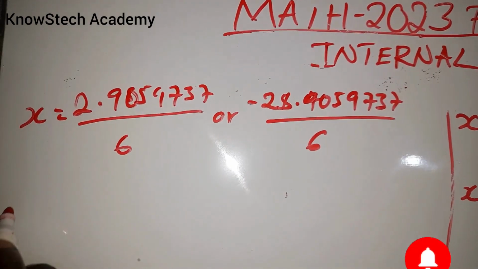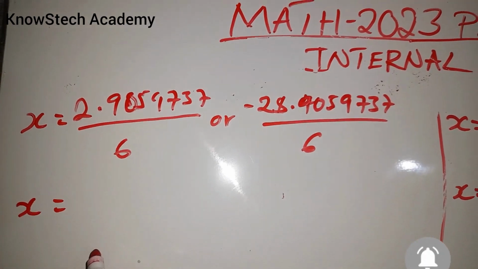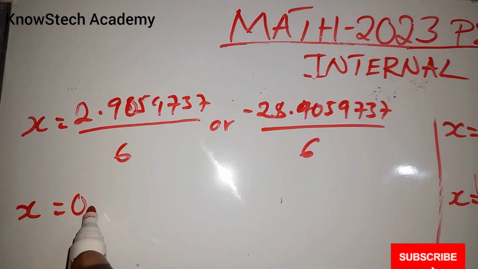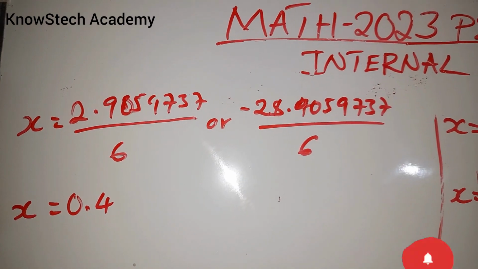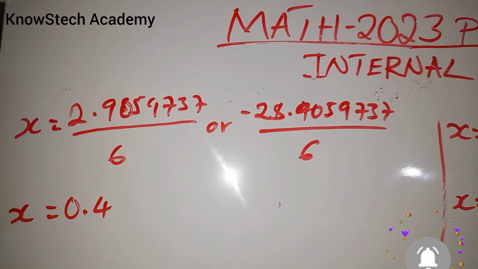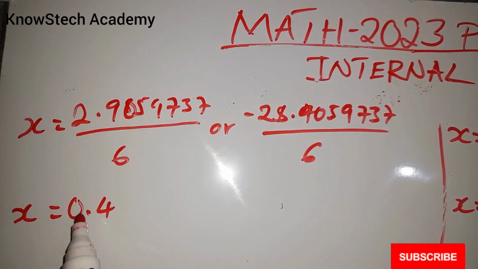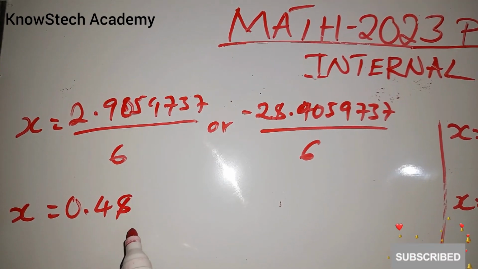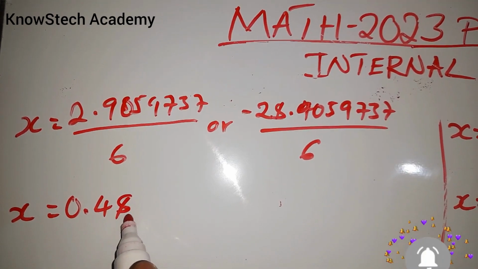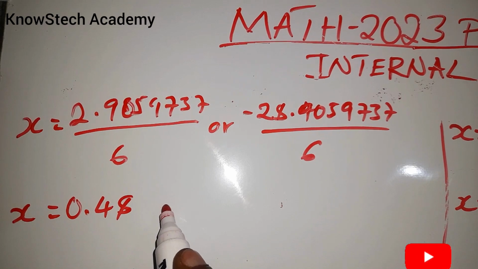So this is giving me 0.4. You remember we are asked to correct our answer to 2 decimal places. So 0.48. After 8 there is 4. So this is the answer.